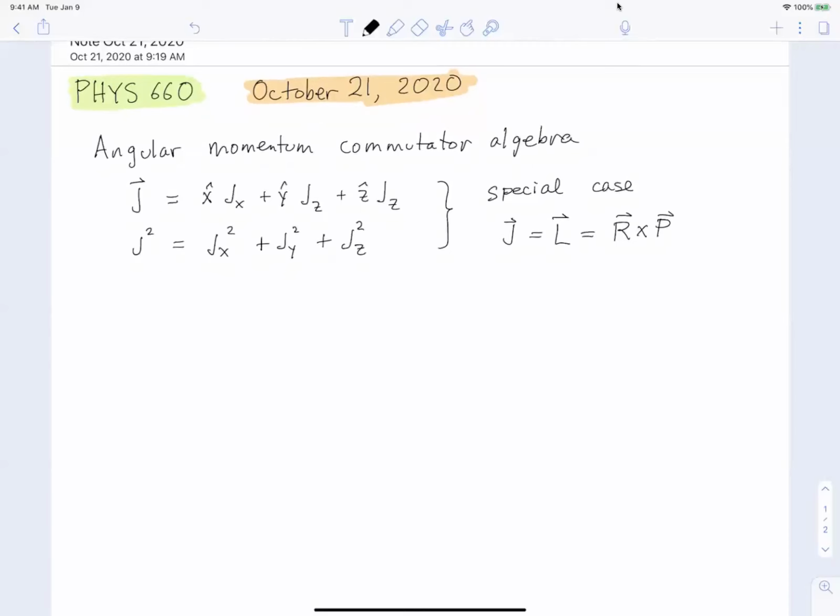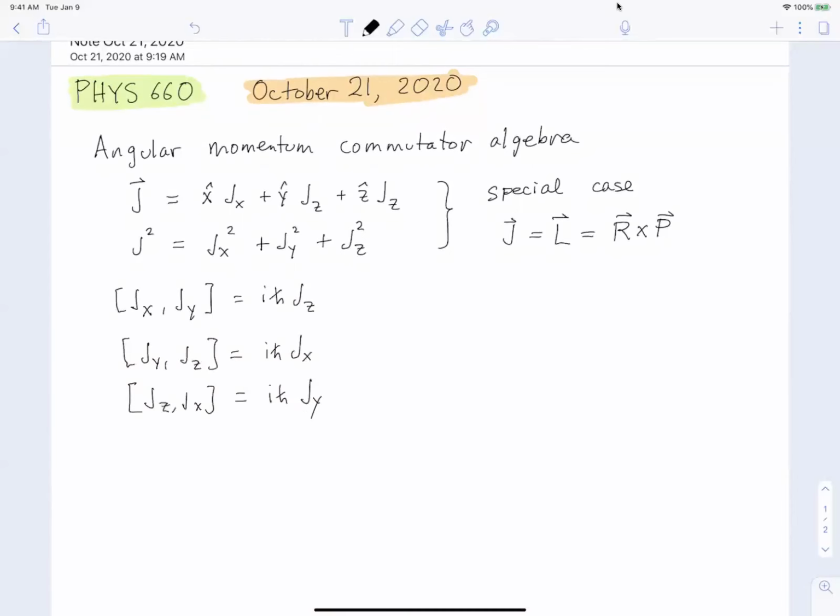The commutator algebra in terms of these operators is defined by saying the commutator of Jx with Jy is equal to i h bar Jz, and then permutations of that: Jy with Jz is i h bar Jx, and Jz with Jx is i h bar Jy.